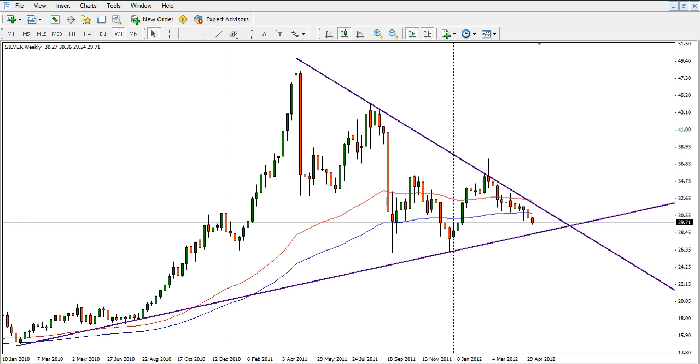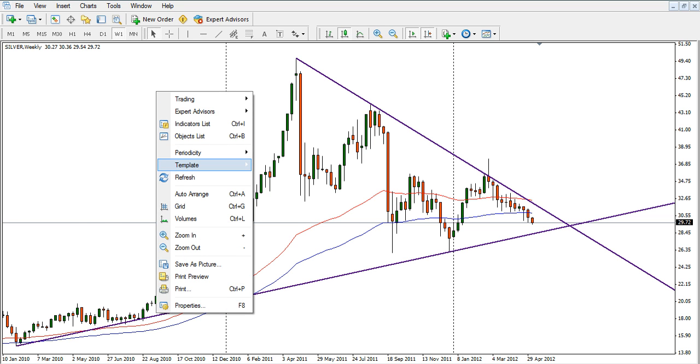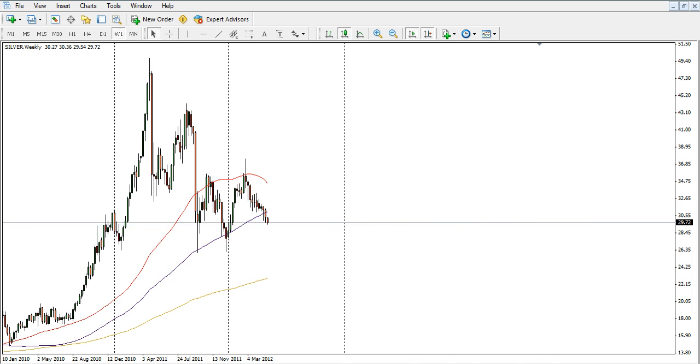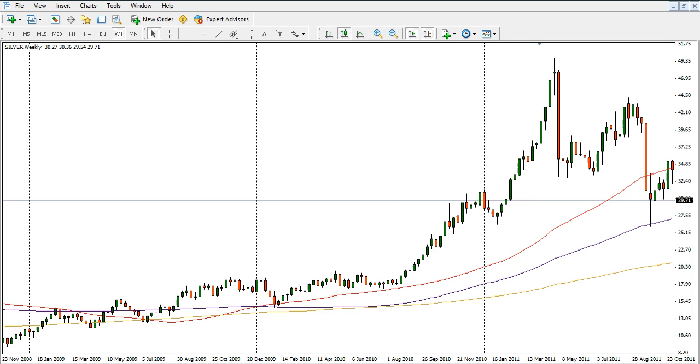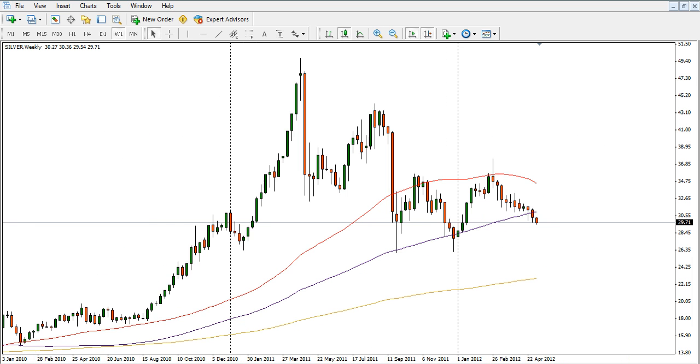In terms of the fib, let's flip it to the daily. I've got the wrong moving averages up, and I've just realised. In terms of the moving averages, we are now below the 100 week moving average here, so that's a key point.